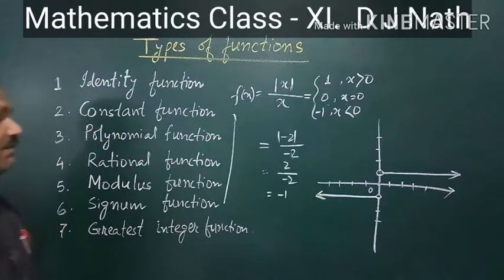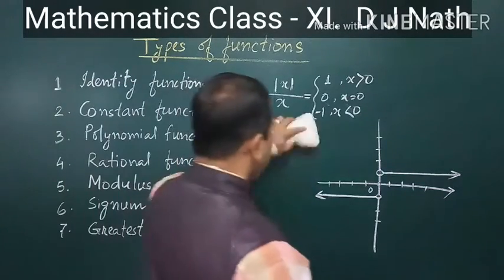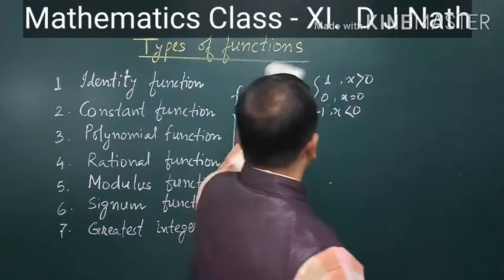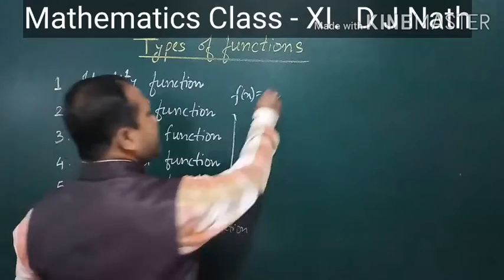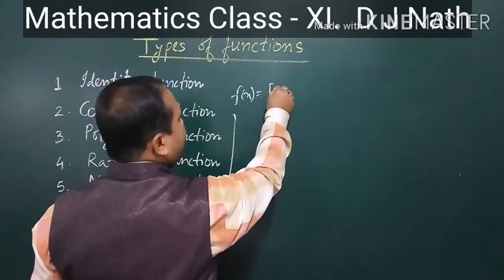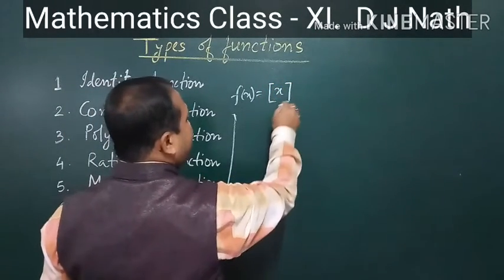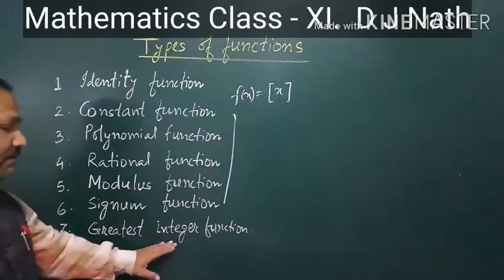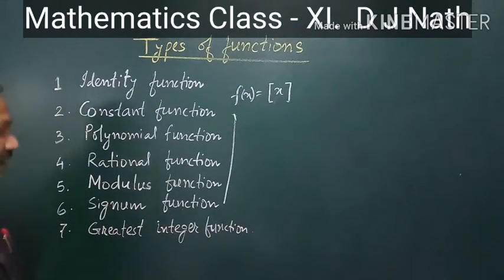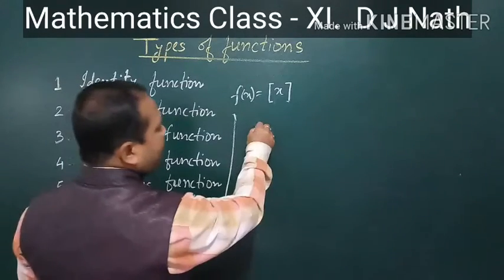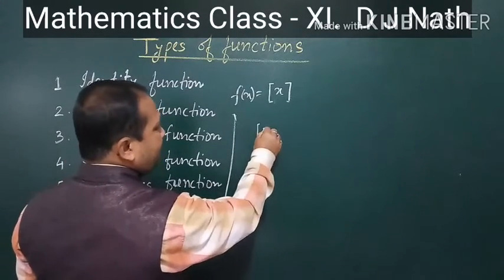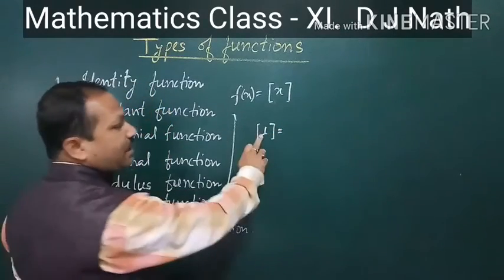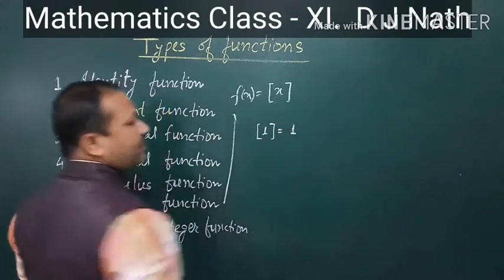What is the greatest integer function? If we write f(x) using the square bracket, it is the greatest integer function. The word integer is there. Now what is the meaning of this? If we write 1, then the integer part is 1 only, so the result will be 1.